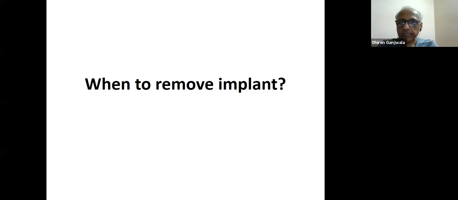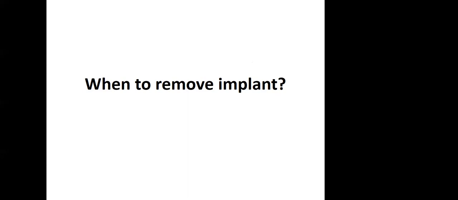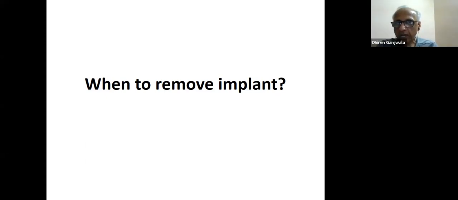Basically, we don't prefer to remove the implant till the physeal closure has taken place. So usually in a girl till 14 years, in boys till 16 to 18 years, we don't tend to remove the implant. We want to keep it inside because its function is to lead to the physeal closure. So usually implant removal is not required.